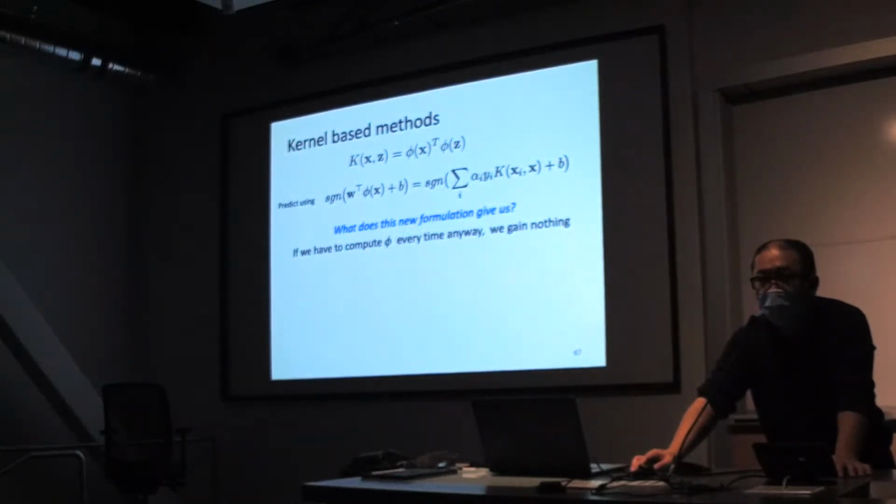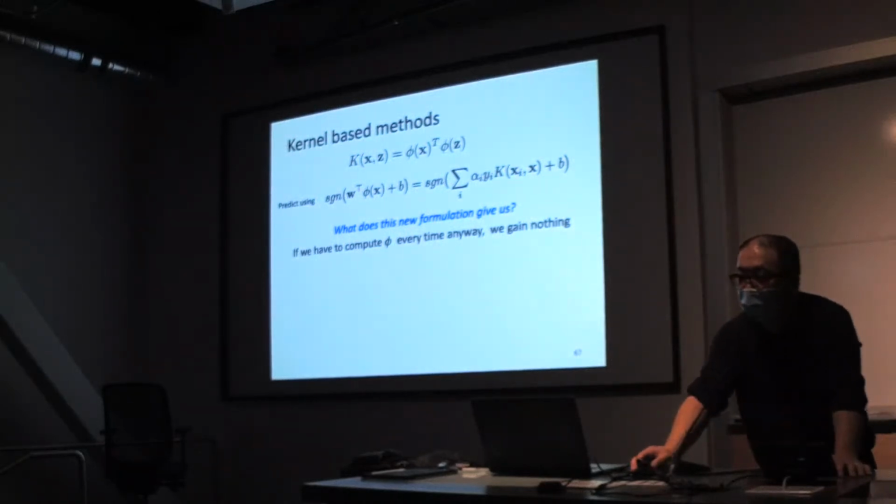One might think, okay, what's the matter? Well, if your feature mapping is not very high dimensional, just 2 or 10 dimensional, that's fine. Nothing worth our attention. But what if your feature mapping phi is very, very high dimensional, like 1 million or 1 billion dimensional? Later we'll see some kernels correspond to infinite dimensional feature mapping.